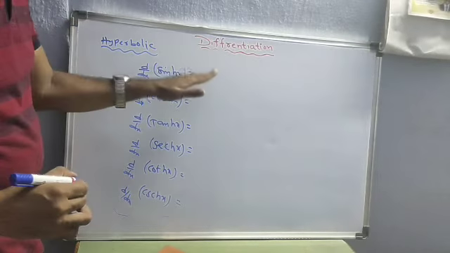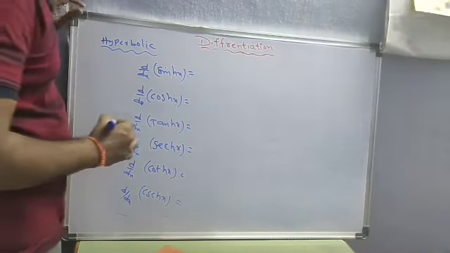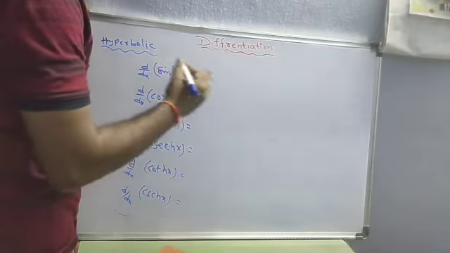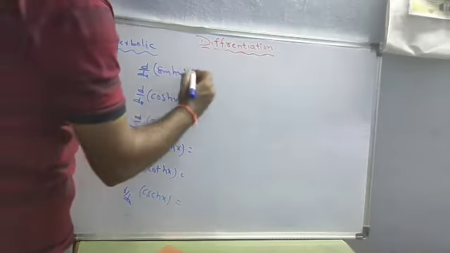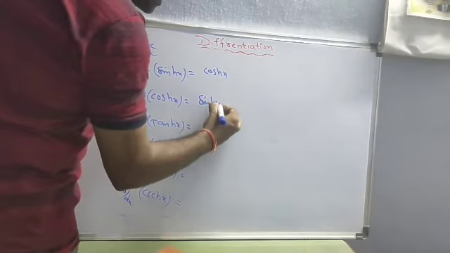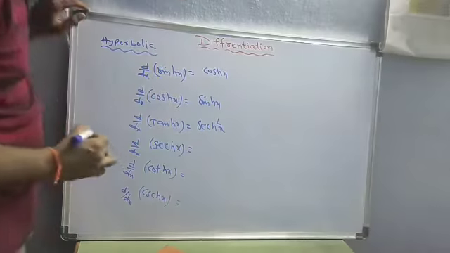So the results are similar to the trigonometric functions. The differentiation values of hyperbolic functions are almost similar. Sin hx gives cos hx, and cos hx gives sin hx. Tan hx gives secant h square x.